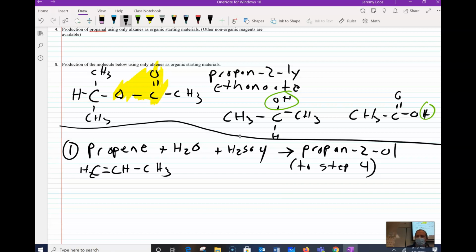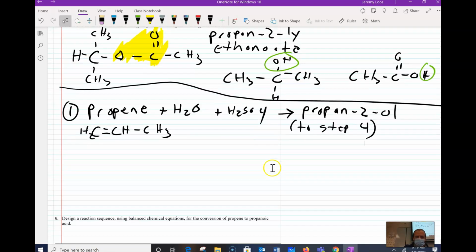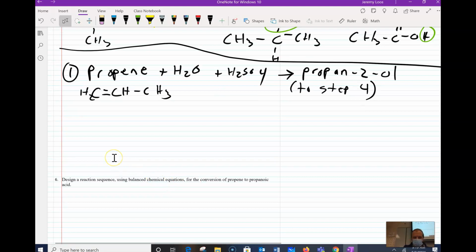And then we're going to end up using that in the last step. The very last step is going to be to combine these two items. So as I said, if we can figure out how to make those two things, then we're going to be good.